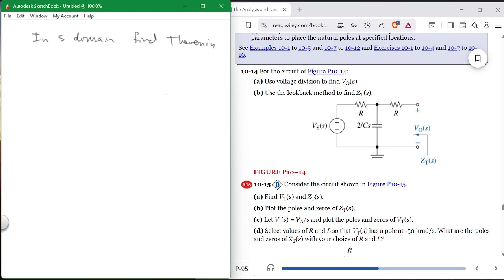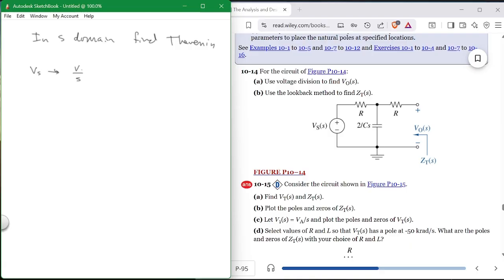So what would be the Thevenin equivalent circuit of that? Well, it's a Vs. So what would be Vs converted to a Thevenin? Vs over S. Okay? So what would be the V out here?